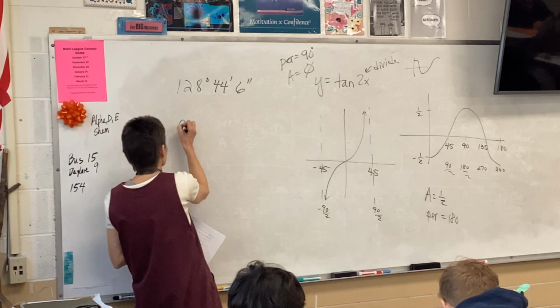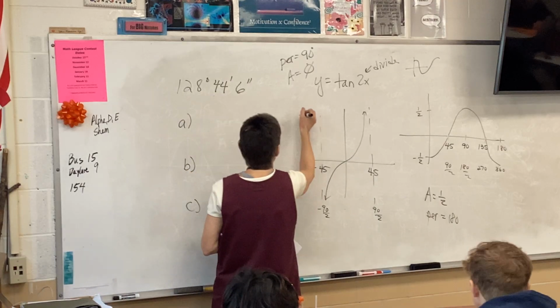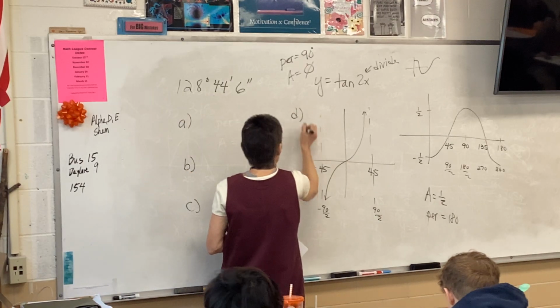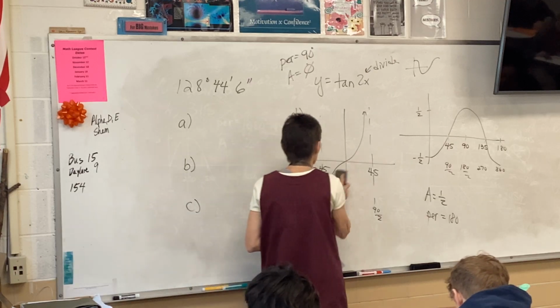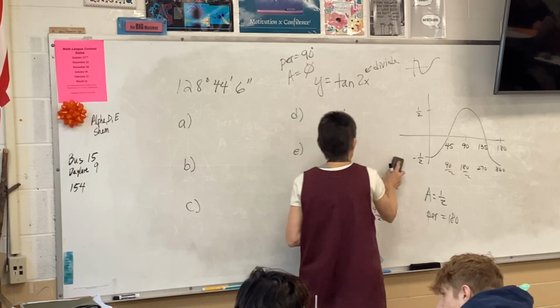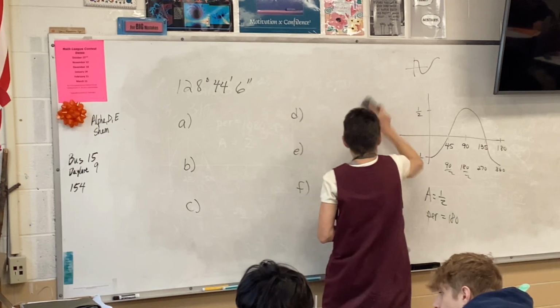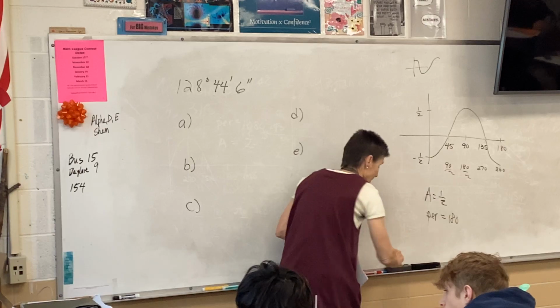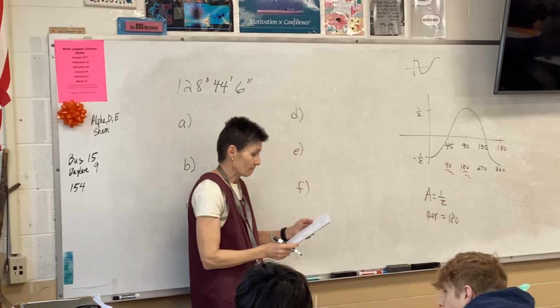Now, this next section is the section I cautioned you about before. 1 divided by. Some of these are going to have to be done in radians. Which problems are radians here?